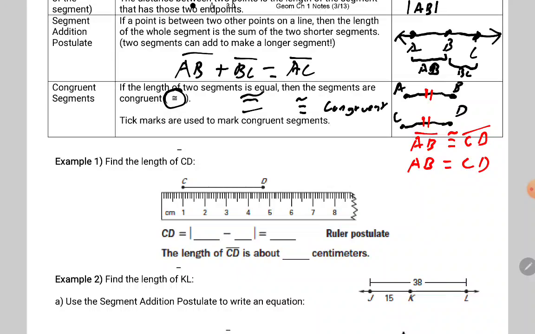So we're trying to find the length of CD. So we need to find the coordinates of D. D's at 4.7.